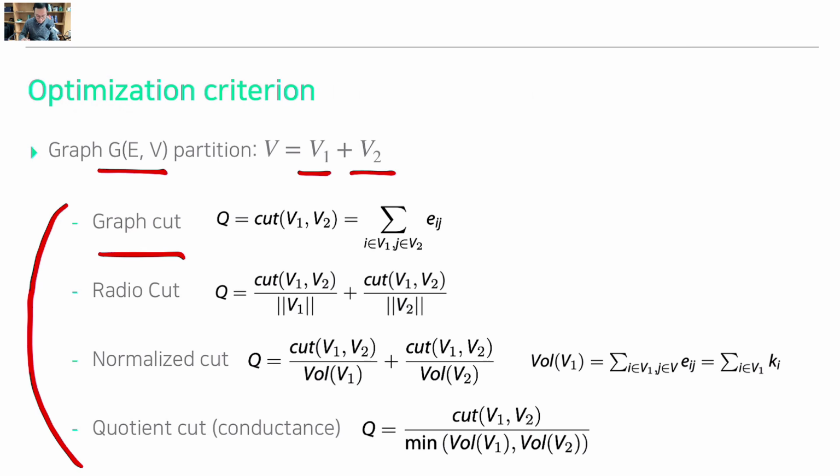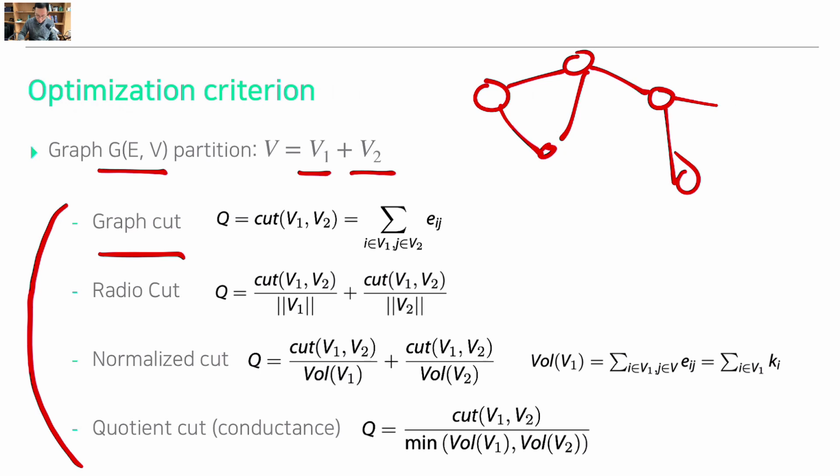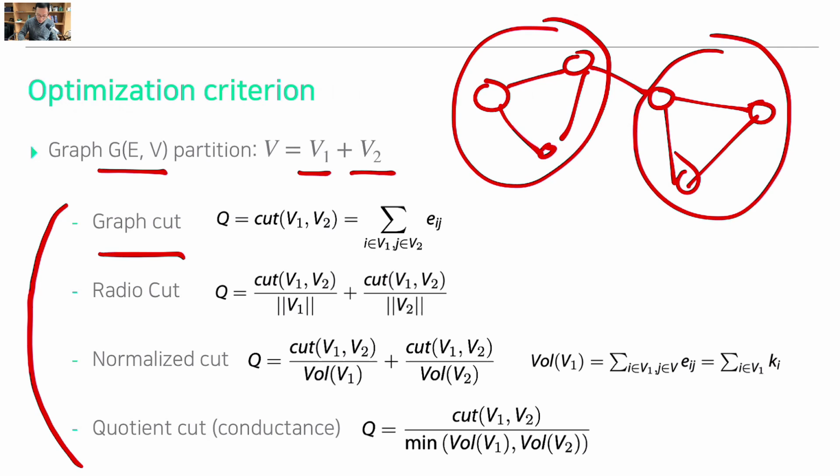For example, when we have this graph input, we define these as V1 and V2. This is the cut.